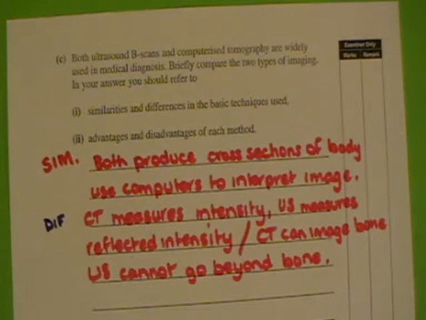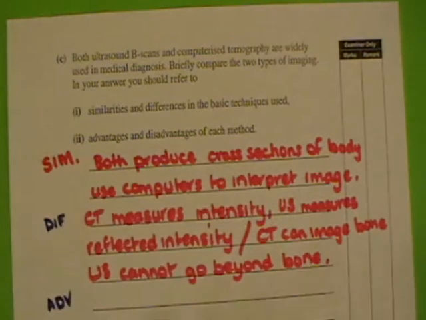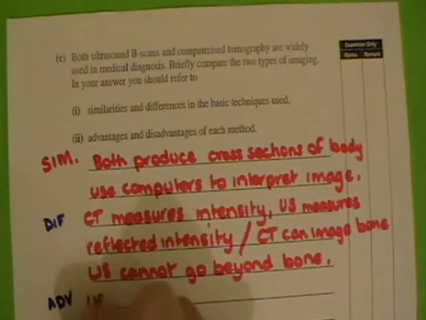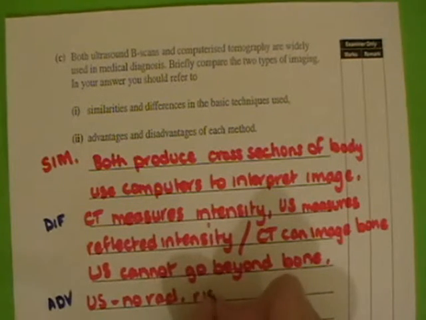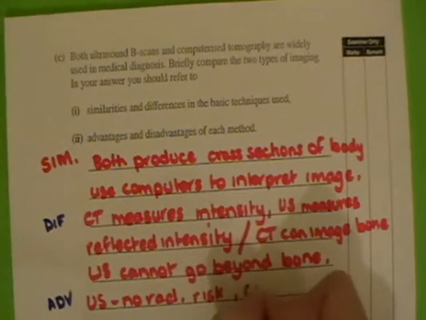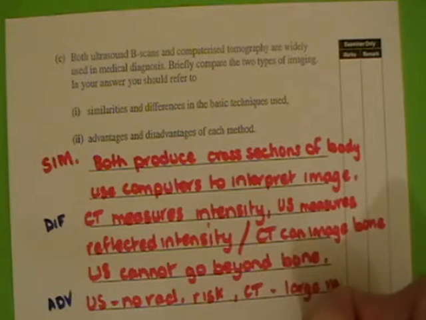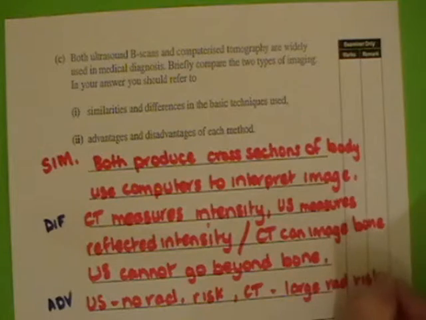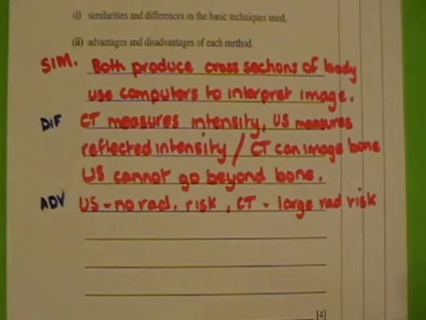Right, then advantages. With ultrasound, you've no radiation risk. CT is a large radiation risk. So whenever you're saying all these things, make sure that you mention one and you mention the other when you're trying to get your marks there.